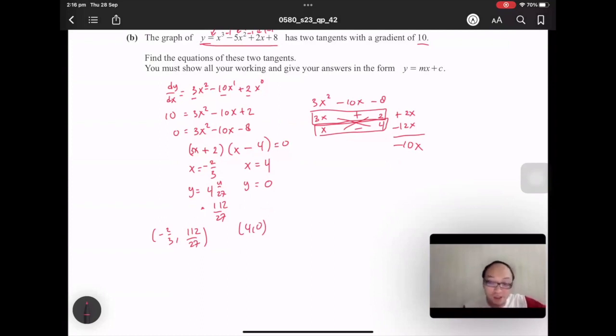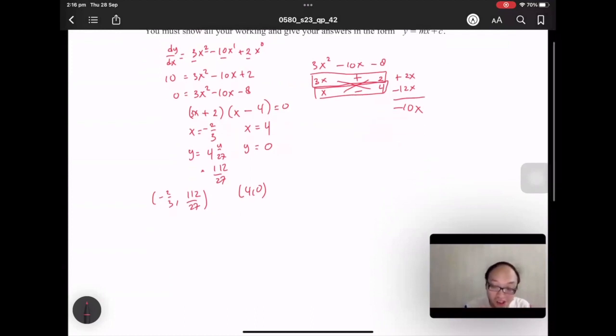Now, to find the equation of the two tangents, we need the gradient, y equals mx plus c. So the gradient is 10, and then we put the x value, and we put also the y value. So in here, the c will be 112 over 27 plus 20 over 3.